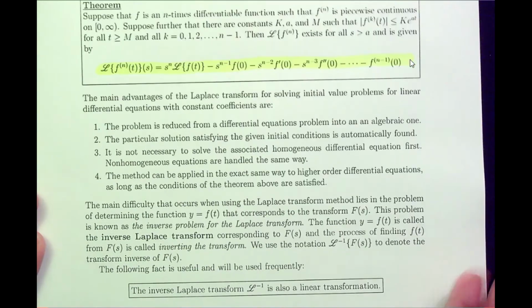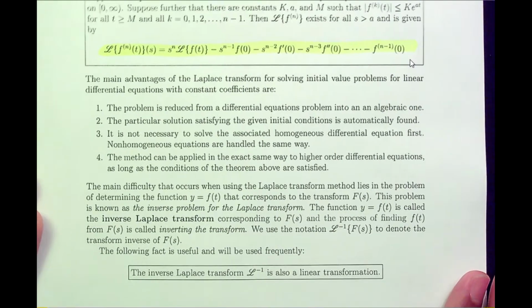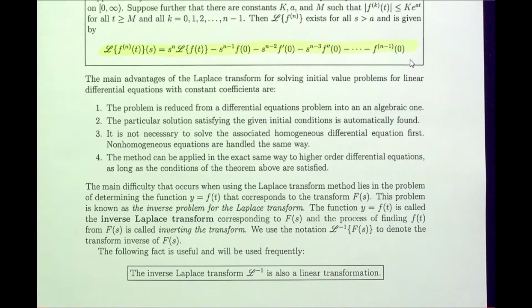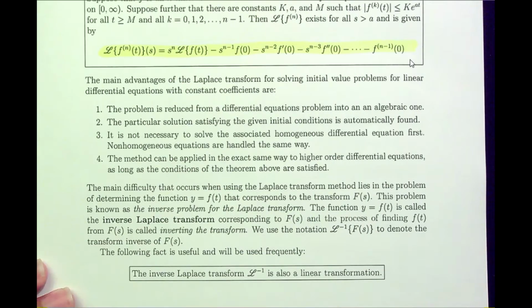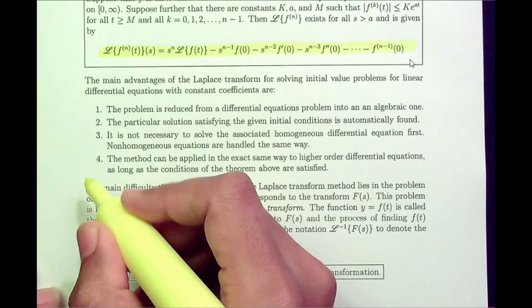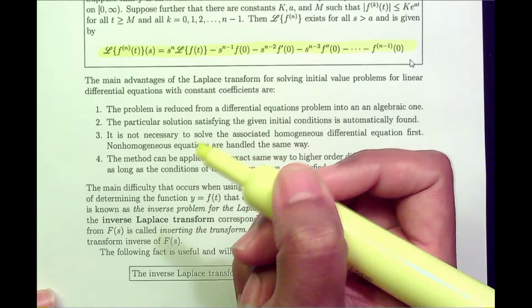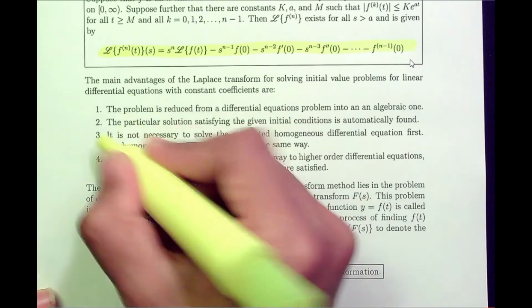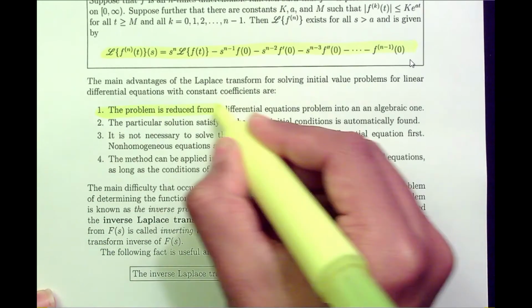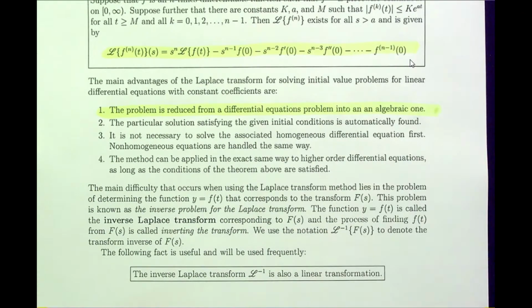Okay, and before we solve the first problem, let me point out some pros and cons of the Laplace transform. So here are the main advantages of the Laplace transform for solving IVPs, initial value problems, for linear differential equations that have constant coefficients. So this is another method. Now, the problem of solving the DFQ, the IVP, is reduced from a DFQ problem to a college algebra problem.